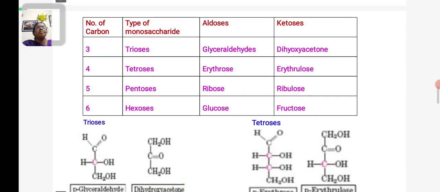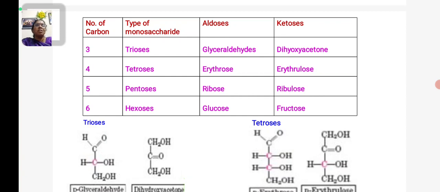Examples for monosaccharides: if the number of carbon atoms is 3, in general it is a triose. If an aldehyde group is present, it is an aldose, and if a keto group is present, a ketose. An example of an aldotriose is glyceraldehyde. The ketotriose is dihydroxyacetone. For tetroses, the aldose is erythrose, and the ketose is erythrulose. For pentoses, one of the examples of aldoses is ribose, and for ketoses, one of the examples is ribulose.